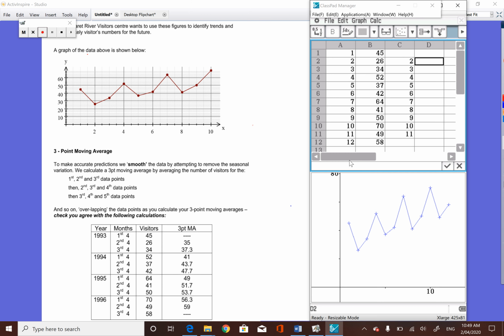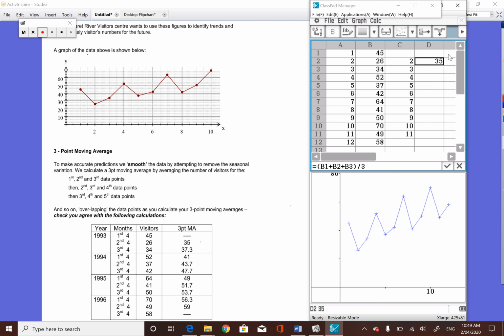We click on the box for D and we'll start up a little formula here for this. So we're going to go equals. Now Cooper would always remind me to put a bracket in first. I'll then collect B1 plus B2 plus B3, close the bracket, divide by 3, and we'll get 35, which is what we're after, as we can see on the graph.